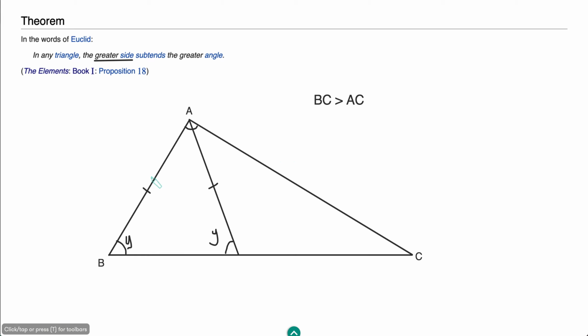Furthermore, is it always possible to construct this line AD such that it's equal to AB?